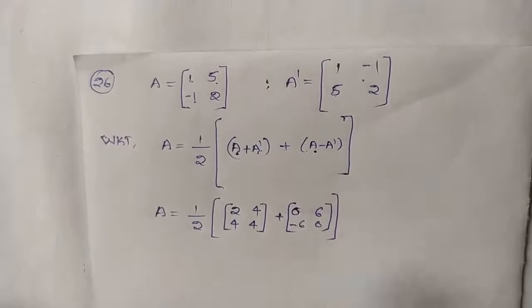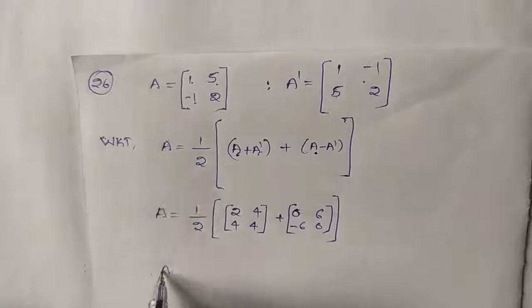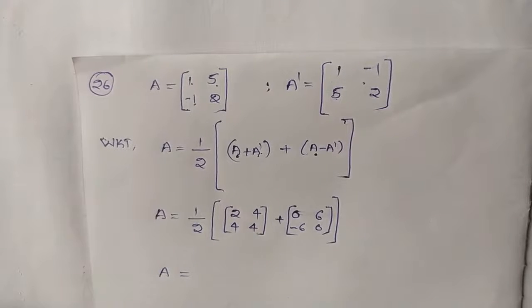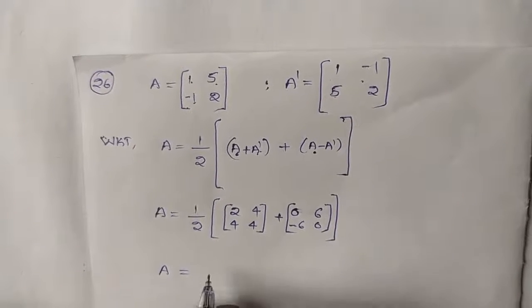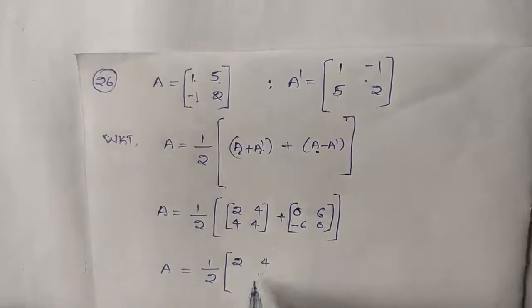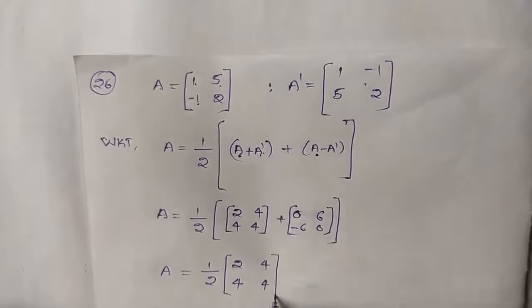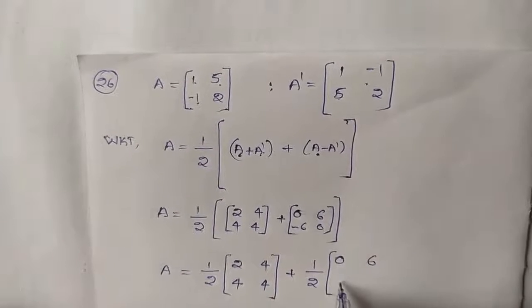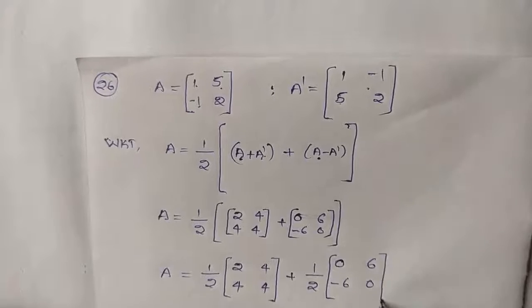Now the matrix A equals, apply this 1 by 2 inside the brackets, then we will get 1 by 2 into 2, 4, 4, 4 plus 1 by 2 into 0, 6, minus 6, 0.